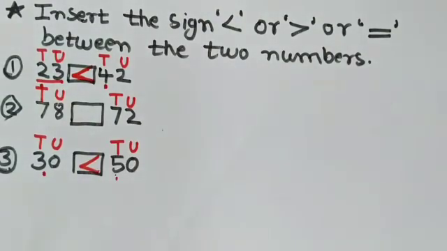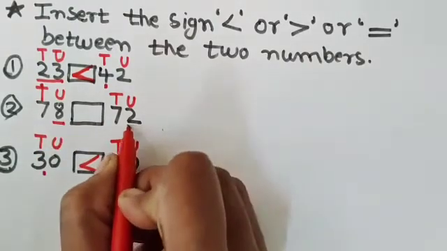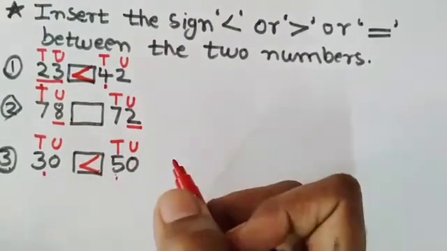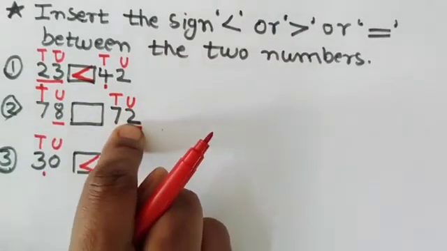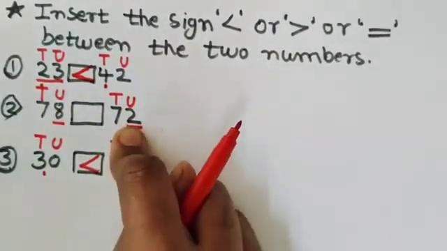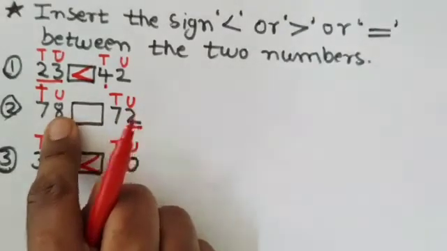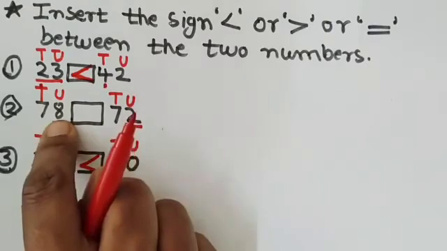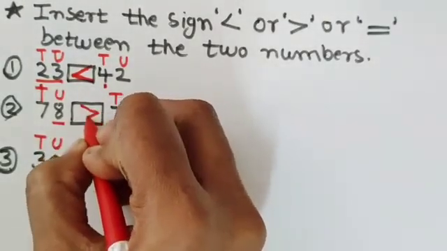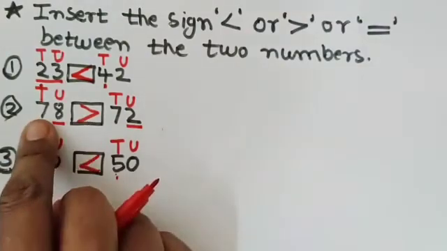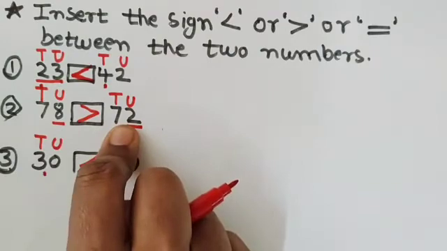So here at units place we have 8 and here at units place we have 2. So out of this 8 and 2, which number is greater and which number is smaller? Yes, 2 is smaller and 8 is greater. So the first number is greater. So we will put the greater than sign, meaning 78 is greater than 72.